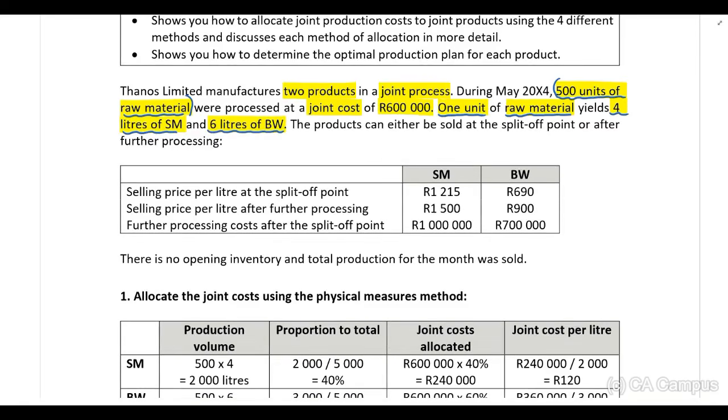All right, and we were told that these products can either be sold at the split-off point or after further processing. You are then given the selling price per litre at the split-off point. You are also given the selling price per litre after further processing, and we have the further processing costs after the split-off point. So let's put all of that information onto the diagram.